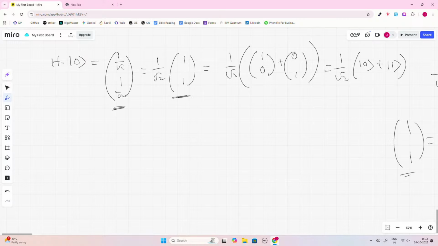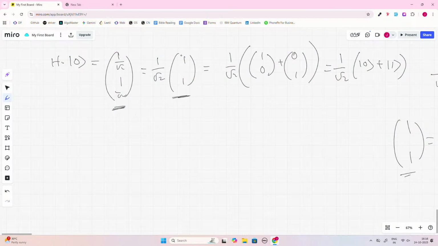Now you should decompose it into a combination of the base states. Just keep that in mind. Whenever you get an output which is not a base state, you should decompose it as a linear combination of base states.